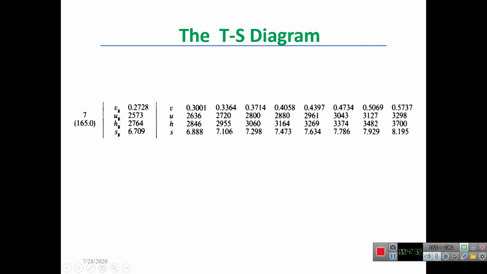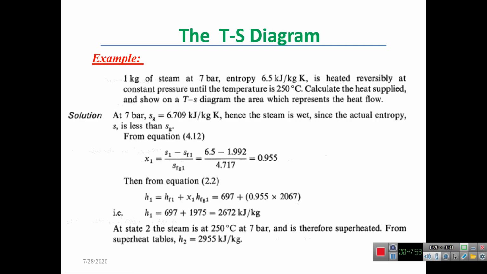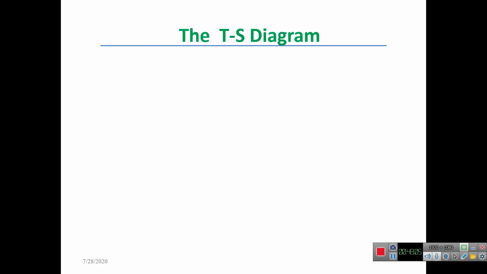This part starts from 200, 250, 300, 350, and so on. So for 250, the enthalpy for 7 bar in the superheat region is 2955, as is written here. So H2, the enthalpy at state 2, is equal to 2955 kilojoules per kilogram.